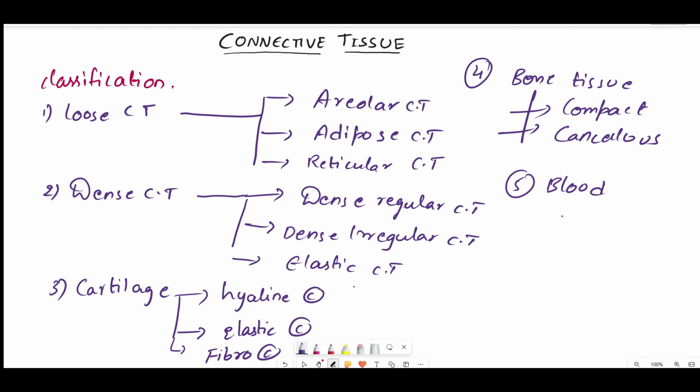The third class is cartilage, where we have three types: hyaline cartilage, elastic, and fibrocartilage. The fourth class is bone tissue, where we have two types: compact and cancellous. And the fifth one is blood. Now, let us discuss each one in detail.